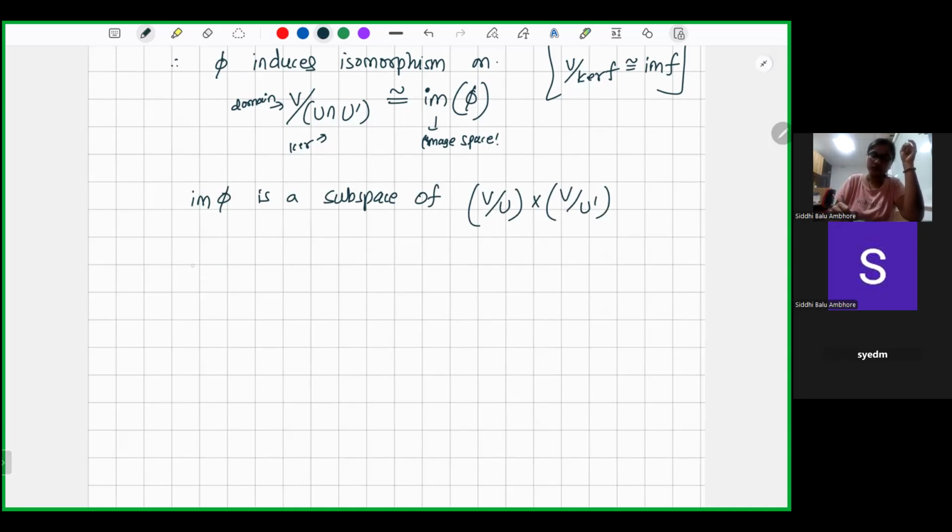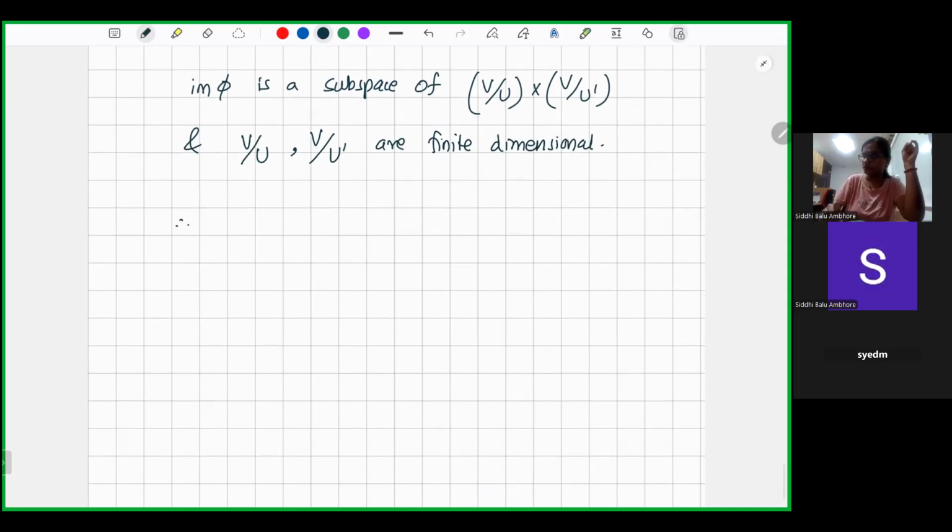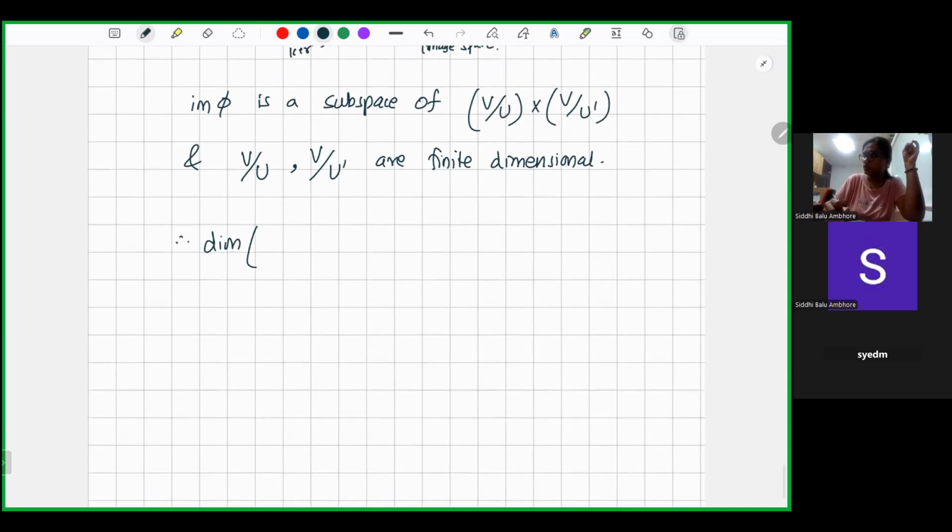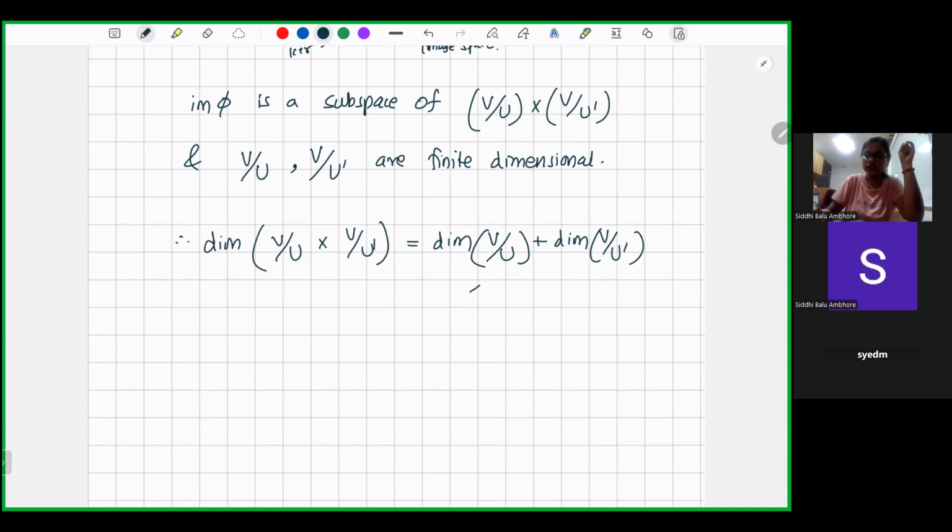So the dimension of V quotient U cross V quotient U dash will be the dimension of V quotient U plus the dimension of V quotient U dash, and each of these is less than infinity.